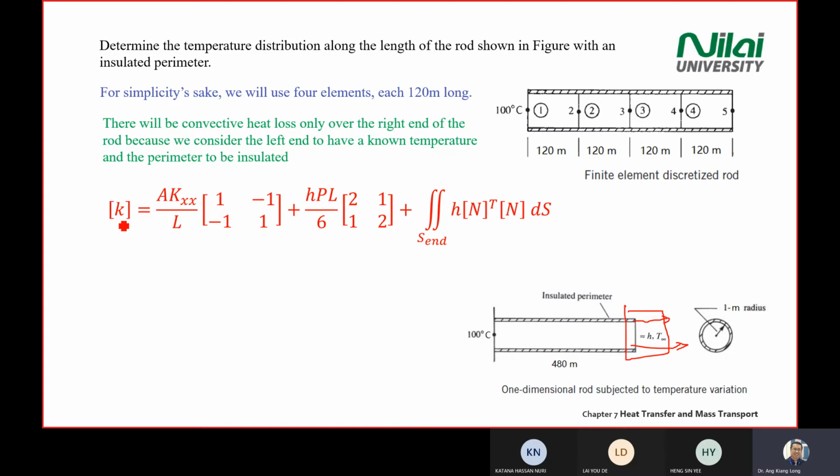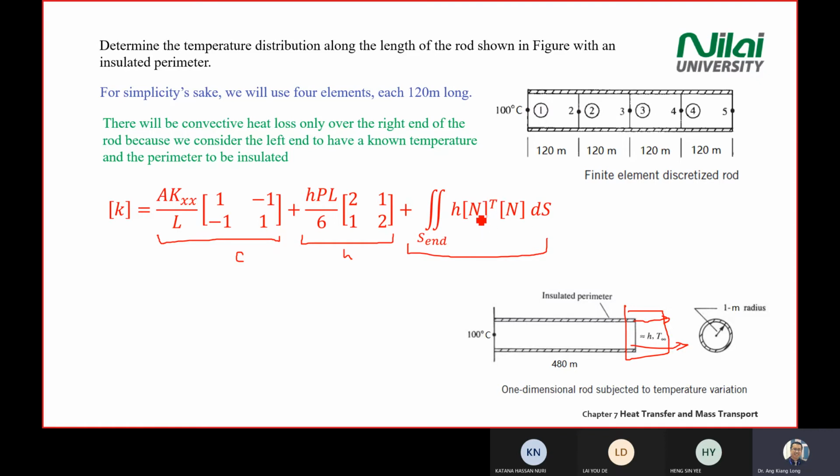So for chapter 7, normally you will start with this red color equation: small k equals kxx A over L and so on. The first term here is conductivity. The second one is the convection, I'll put it as h. The third one, we add because we have an open end here. That's why we add this term.